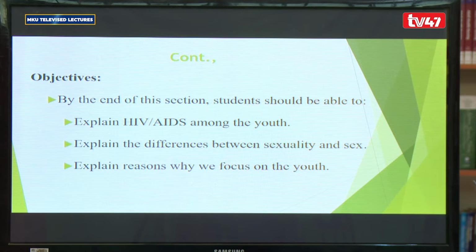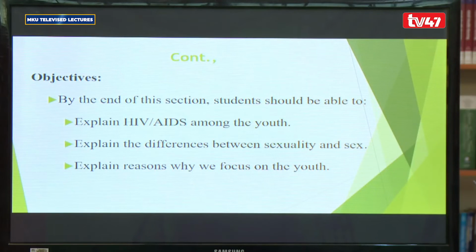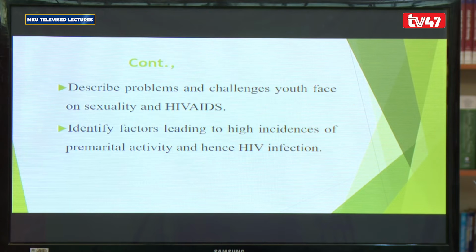Let's look at our objectives. The first objective is to explain HIV and AIDS among the youth. Another objective is that by the end of this, we'll be able to differentiate between sexuality and sex, and the reasons why we focus on youth.